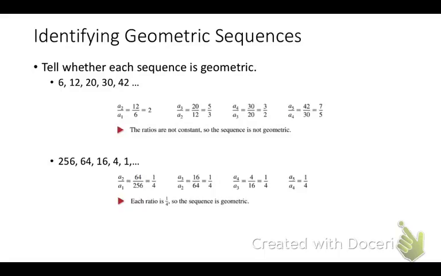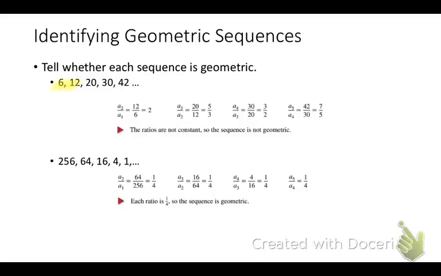So on the first part, whenever we identify if a sequence is geometric or if it is not, what should happen is our values, whenever we divide, if you pick any two consecutive numbers in our sequence, they should always be the same.